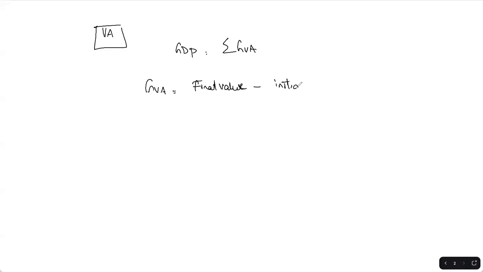When I mentioned the value added method, I told you GDP is nothing but the summation of gross value added in all the sectors. But how do you arrive at the gross value addition? I have told you it is nothing but the final value minus initial value, right?